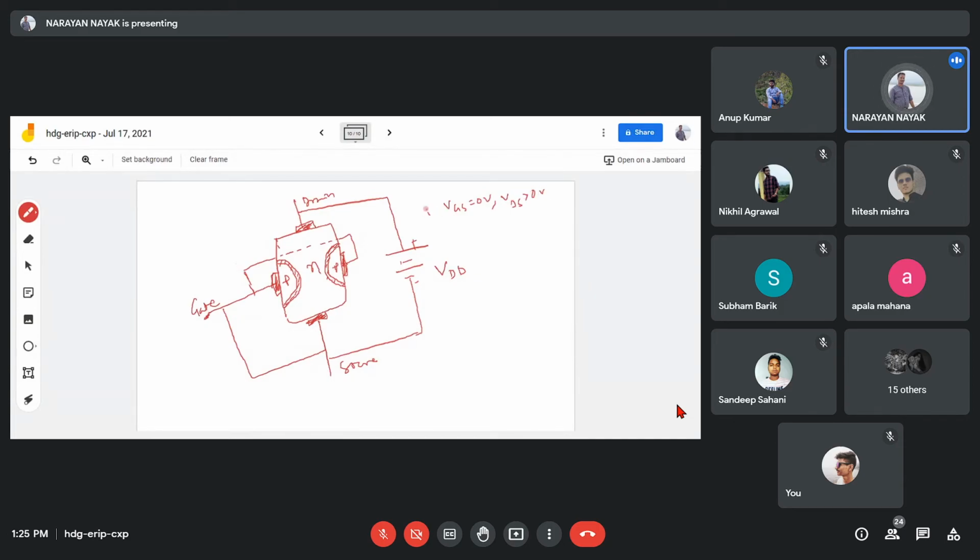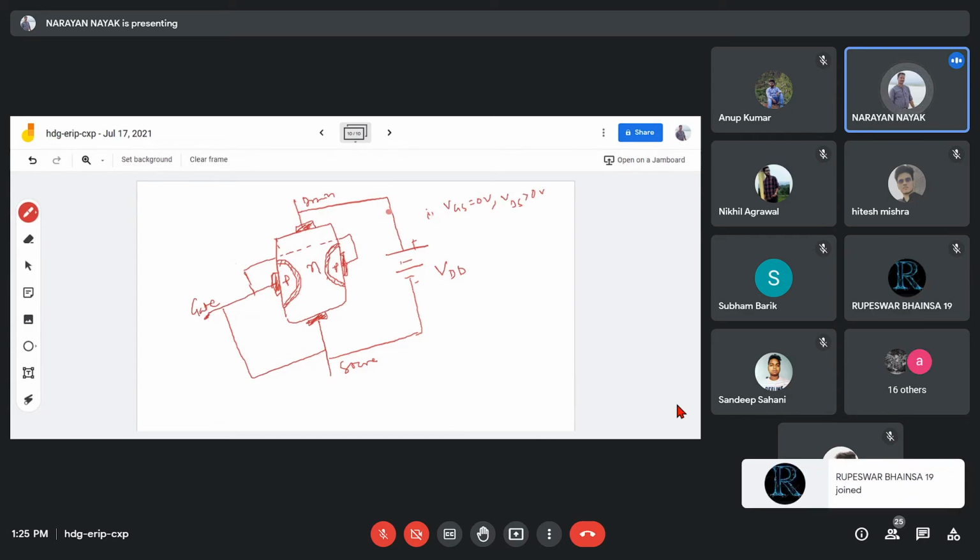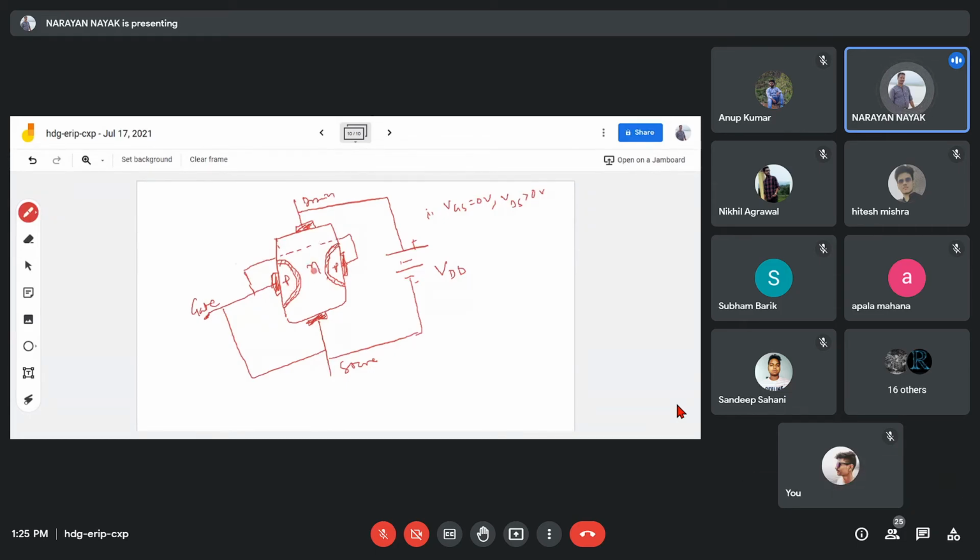This is the first condition. So what will happen? You see, this is the channel. The majority carrier is the electron, and if you supply voltage here, the electron will flow. Now how will the electron flow?